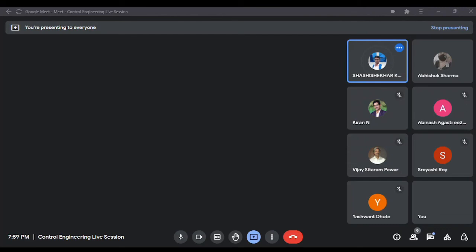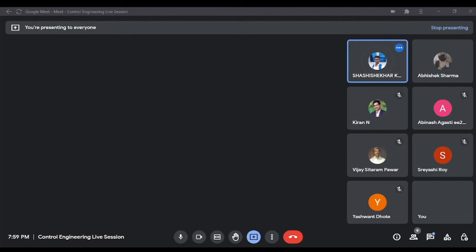Now I'll use stepinfo. This gives the details: the rise time, the settling time, the percentage overshoot, the peak, and the peak time.